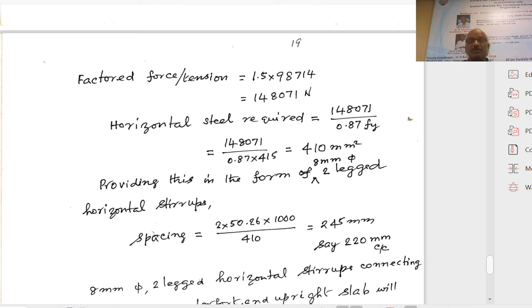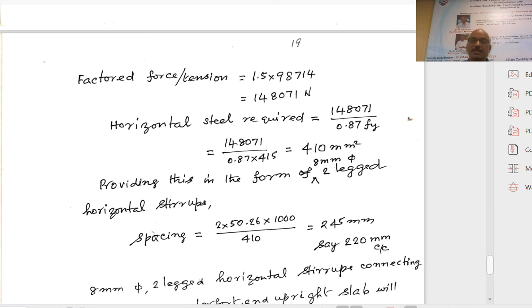So area of steel equal to tension divided by sigma st. That's all. Tension divided by sigma st equal to 148071 divided by 0.87 Fy. 0.87 Fy, we know, the partial safety factor for material, namely for steel, is 1.15.